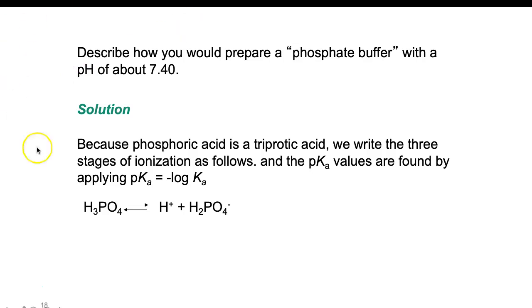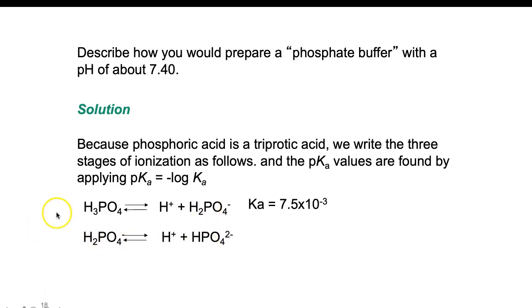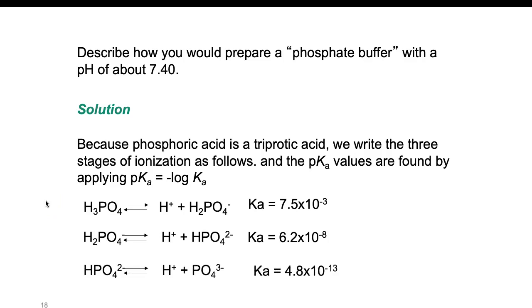So here's the first ionization reaction. Phosphoric acid ionizes 1 hydrogen at a time. That is a constant for it. The second one, when this is an acid, it ionizes similarly. You notice that the constant is a lot smaller. And then for the last one, you get a very small constant. What about the pKa's of all these 3 values?